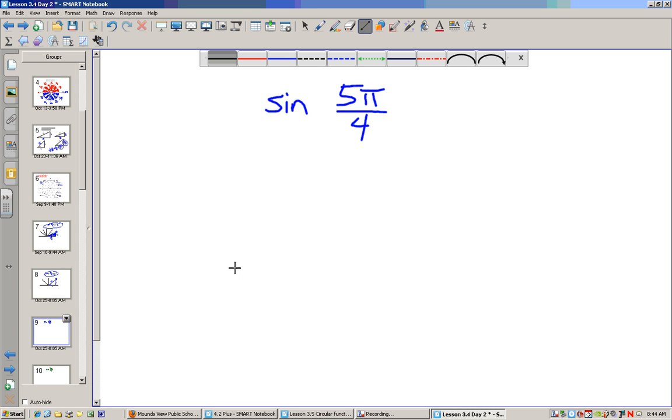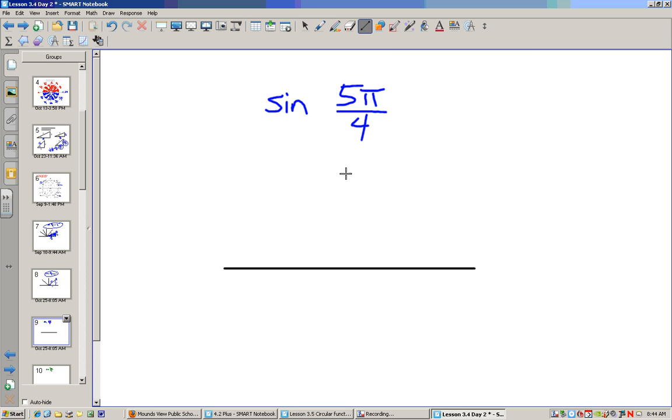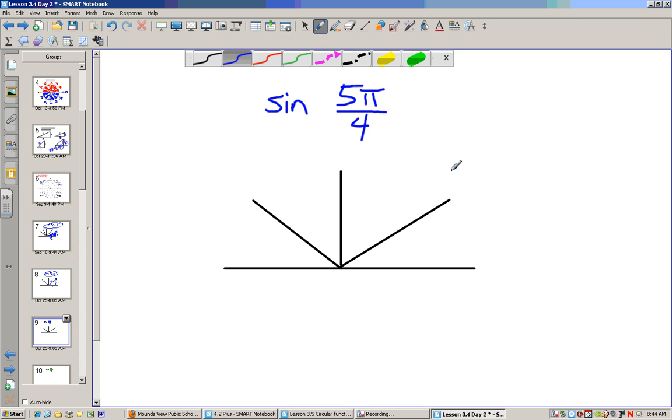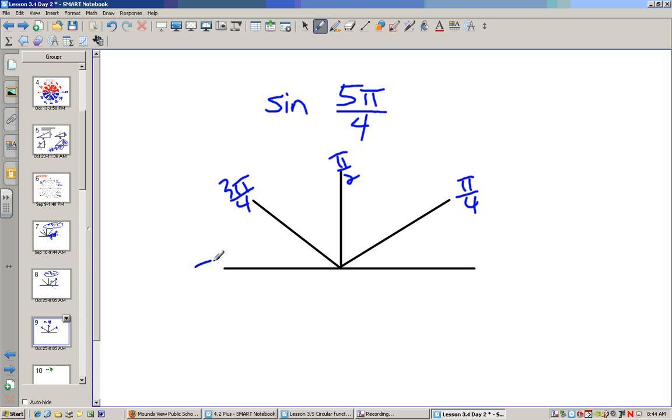Sine of 5 pi over 4. This is pi over 2, 3 pi over 4, 4 pi over 4, 5 pi over 4, we have to keep going for 5 pi over 4.